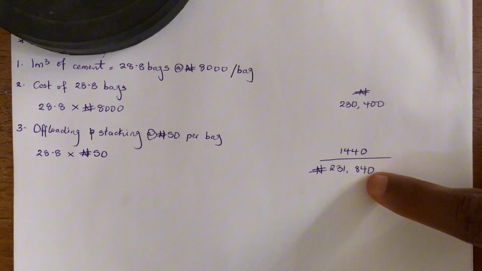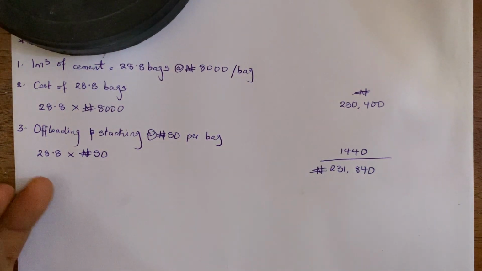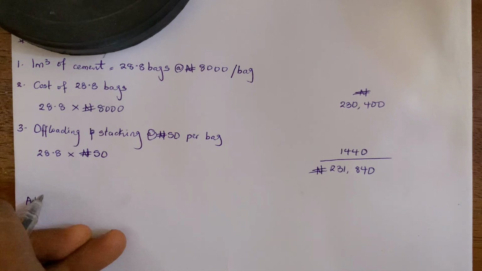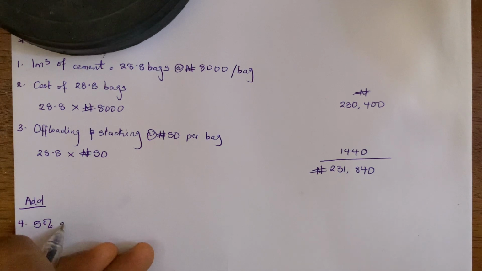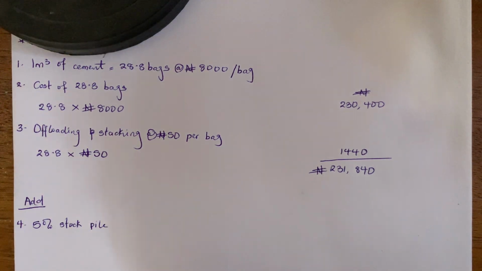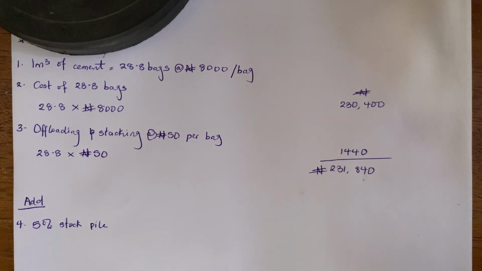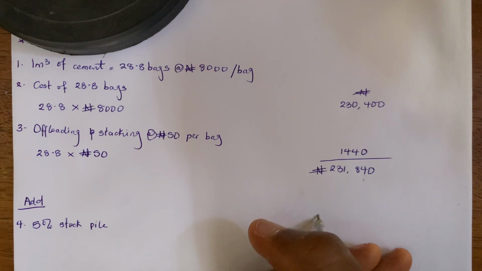After getting this, we need to add 5% for waste, just to be on the safe side. So we'll now add 5% stockpile. 5% of this particular price will give me 11,592 naira.